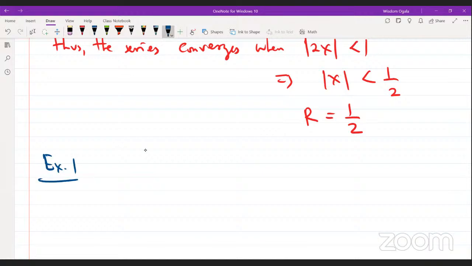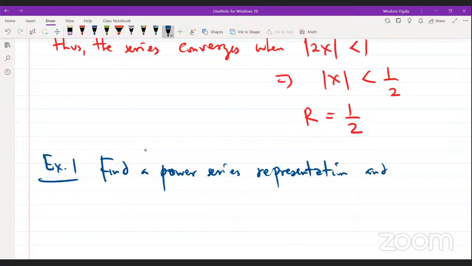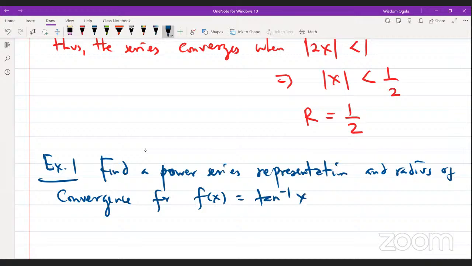Example 1. Find a power series representation and radius of convergence for f of x equals the inverse tan of x.